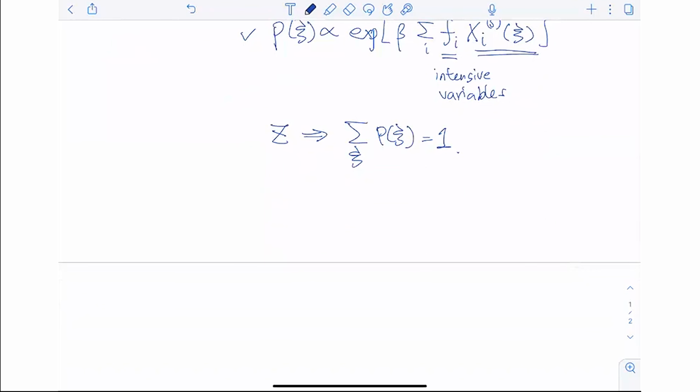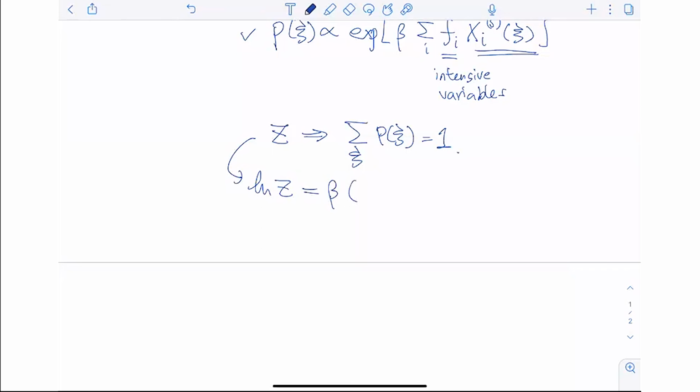And why is it so important to get the partition function? Because the natural log of the partition function is related to the thermodynamic potential.